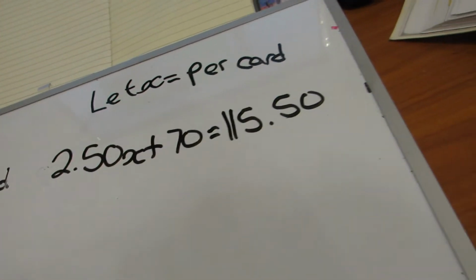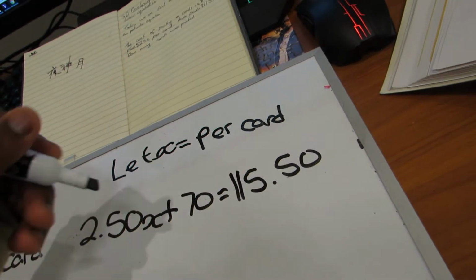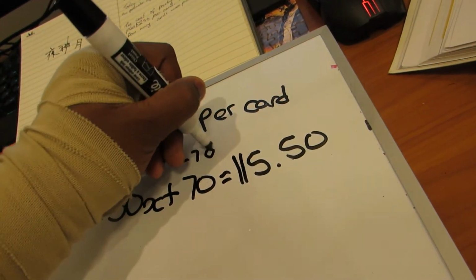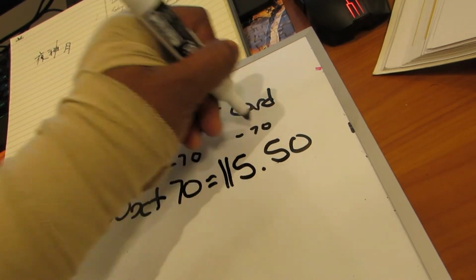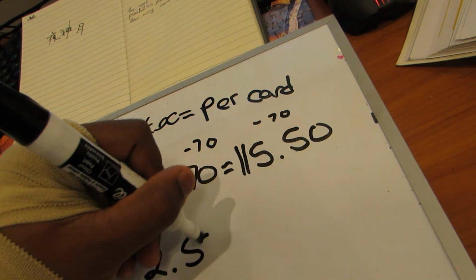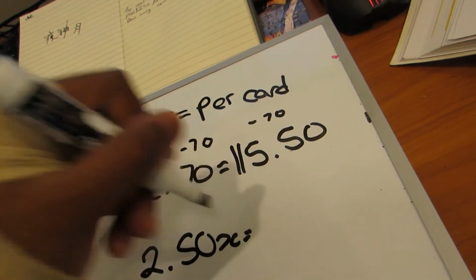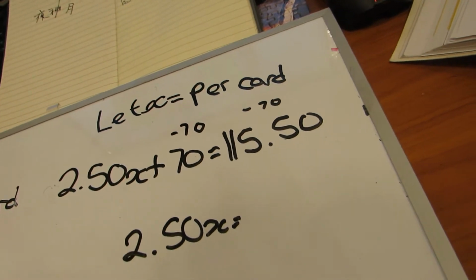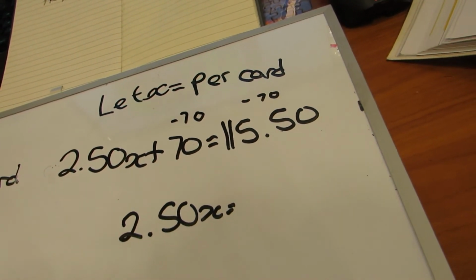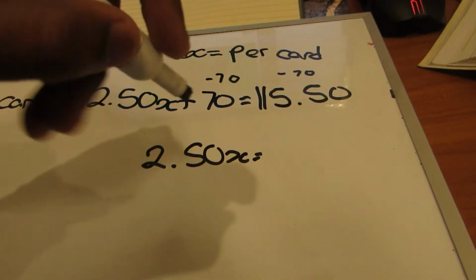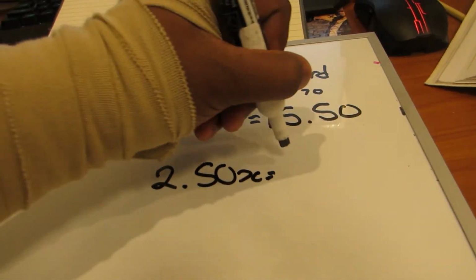Now I'm going to solve it. I'm going to take away 70 from each side. So it is 2.50x equals 115.50 minus 70, which equals 45.50.